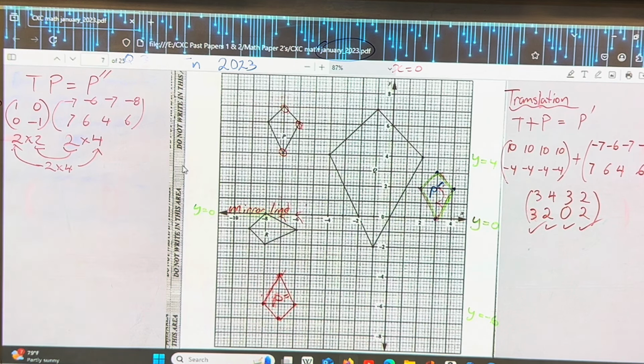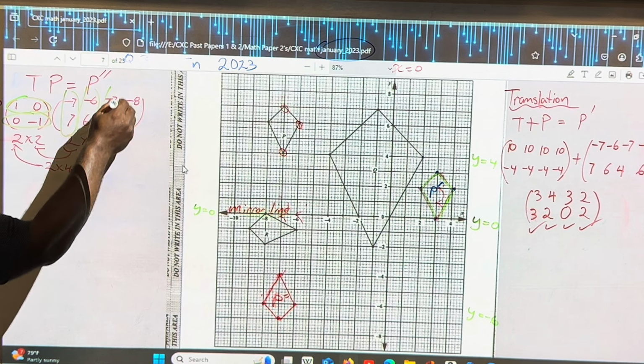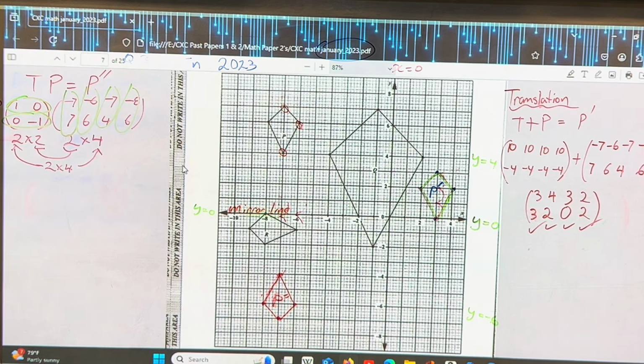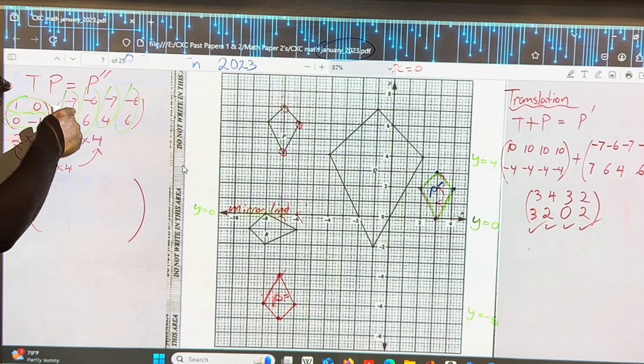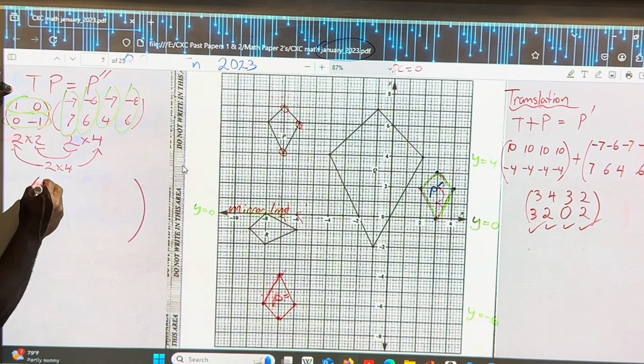Let's go. Remember what we do: row, column. Remember row with column. Let's go. 1 times negative 7.